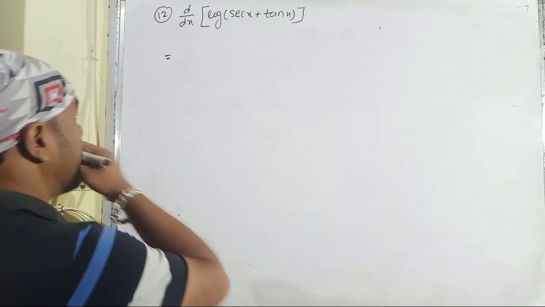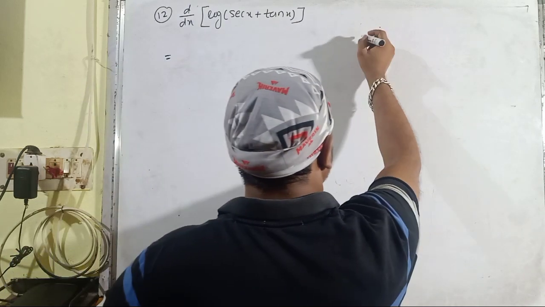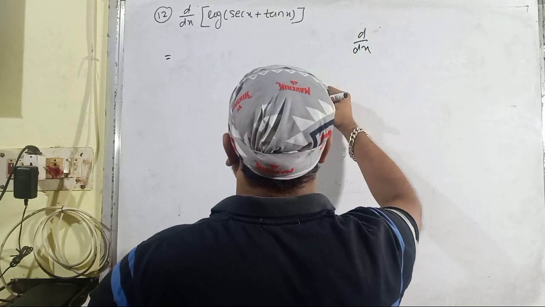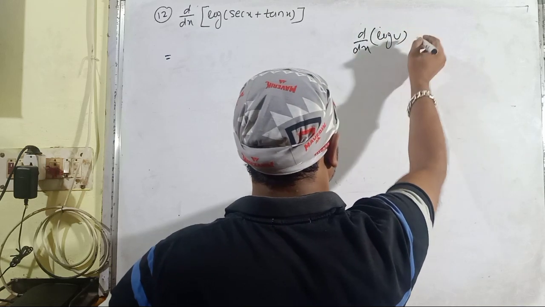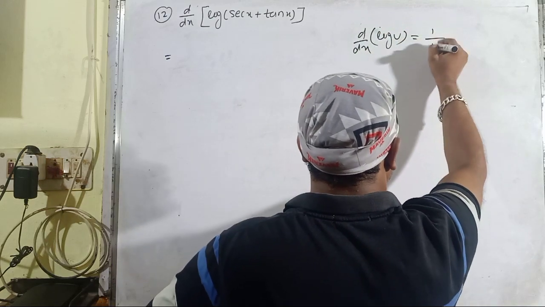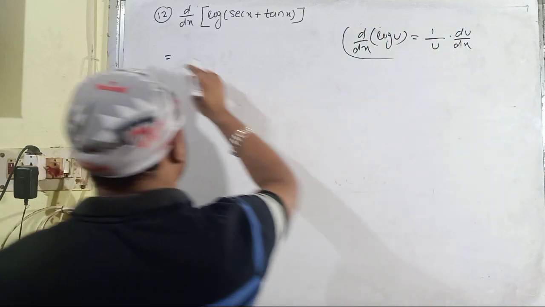So here it is the problem number 12, differentiation of log of sec x plus tan x. First of all, we have to go through the chain rule of the logarithmic function. Differentiation of log u, where u is a function in terms of x, is 1 upon u multiplied with the differentiation of u with respect to x.